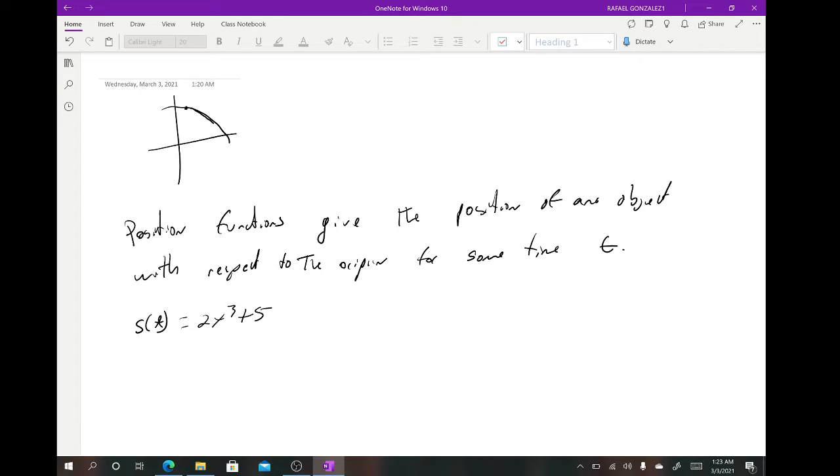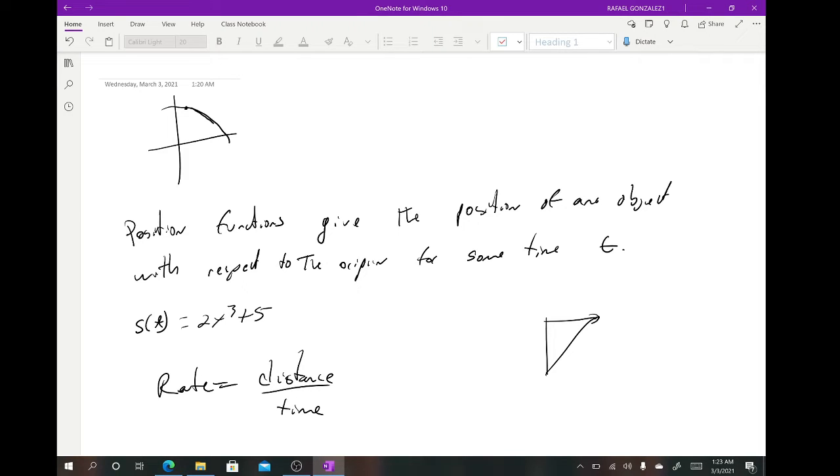You may remember for linear distances that the rate of change is rate equals distance over time. Distance divided by time. So like if you were traveling, I don't know if you remember these problems, you're traveling a certain distance at a certain speed. How long does it take you?